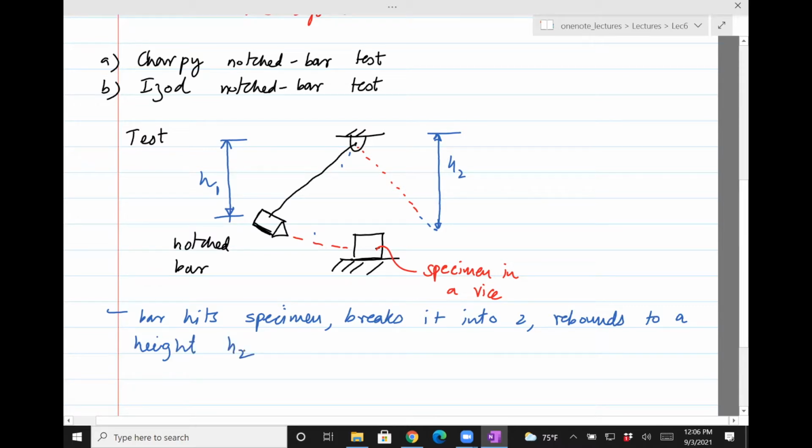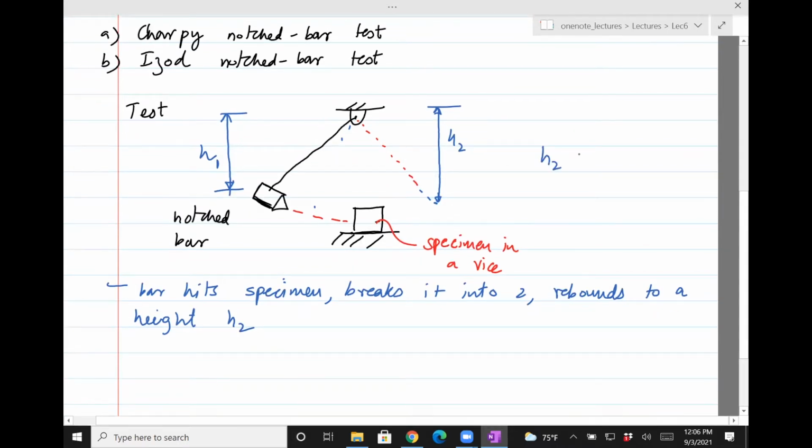Now, if it was a perfect pendulum, then h1 would be equal to h2. But since the specimen is bearing some of the energy which the pendulum imparted, h2 will typically be less than h1. The difference in the heights is because some of the energy is spent breaking the specimen into two.